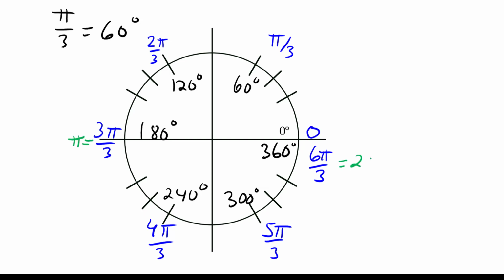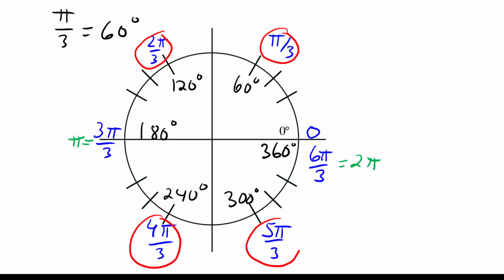And the ones we can simplify are only the pi and the 2 pi. So all the others are related to each other. All of them over 3, and of course you can see their degree measures. They all are related to 60 degrees.